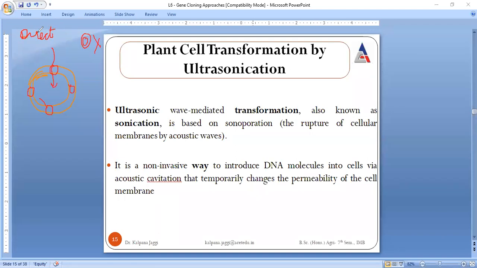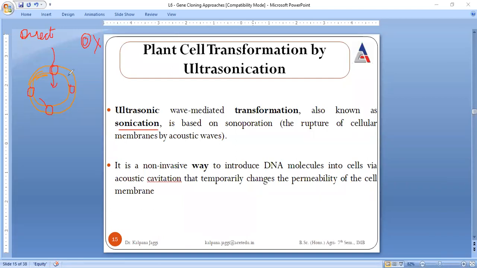This ultrasonic wave mediated transformation is also called sonication, where here we will not focus on the cell wall. Here the cellular membranes are affected. Not broken, meaning there won't be absence of the cell membrane.